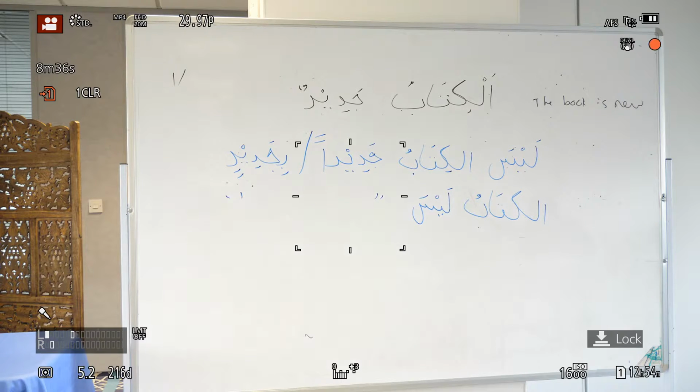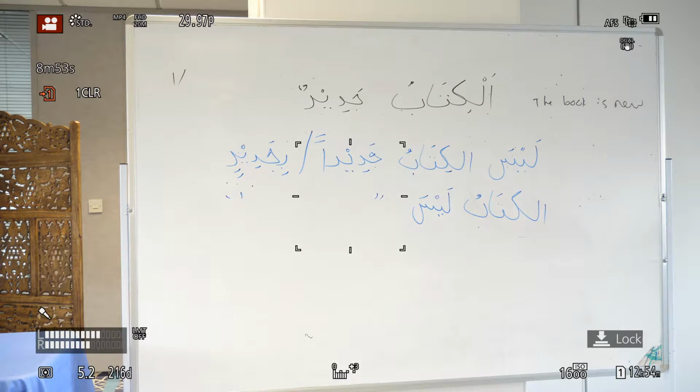You can swap the 2 around. You can say laysa al-kitabu bi jadidin or jadidan. You can say al-kitabu laysa bi jadidin or jadidan. And there's a reason I'm saying this, because it's going to make a difference.